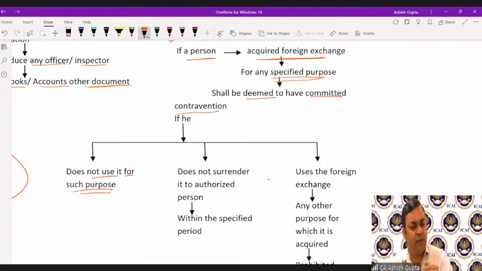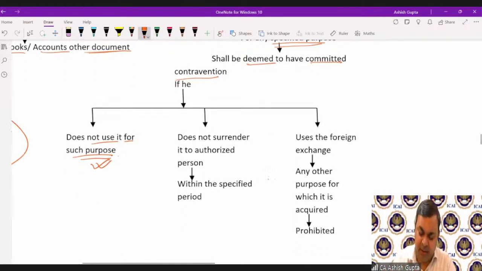Suppose, for example, you took permission from RBI for 1 lakh US dollars for the purpose of medical treatment of your parents, and you have not used it for a medical purpose, then there is a problem. Or you used that amount, but there is some remaining amount which you failed to surrender to the authorized person.